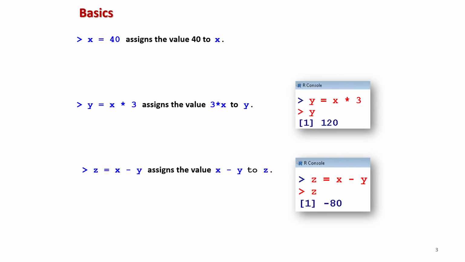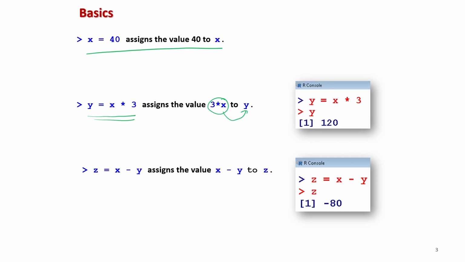Okay, so similarly, it is possible in R to assign a variable to another variable also. For example, if I write here x equal to 40, and then define a new variable y as x into 3, this means the value 3 into x is assigned to the variable y, right?